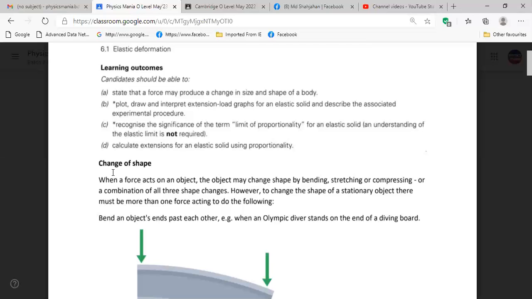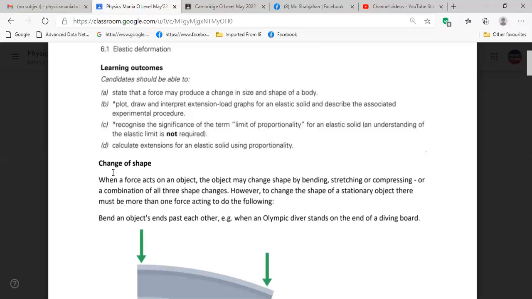Okay, so this is called crossing the limit of proportionality. For example, after giving 1000, the extension is now 7 millimeter. Till 900 grams, it was 5 millimeter, but now for that value, it's crossing that limit.